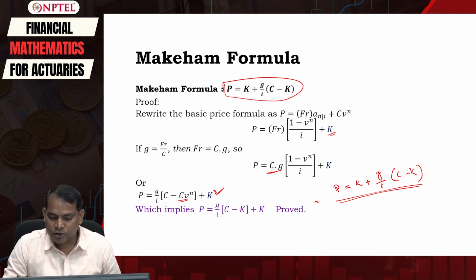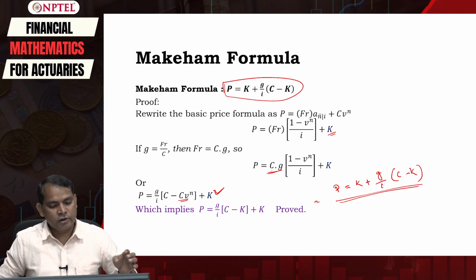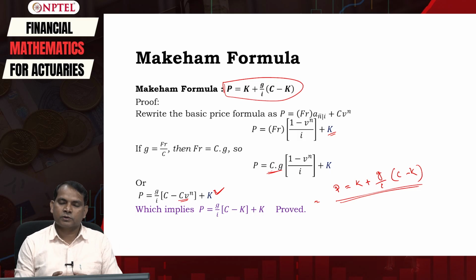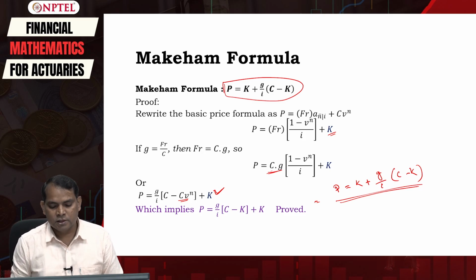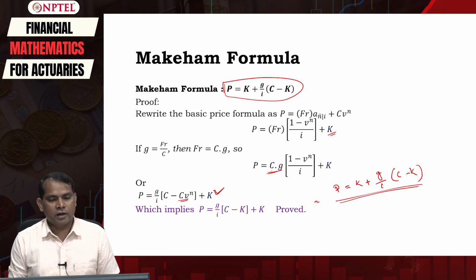So this formula will give us an alternative way to compute the price of the bond, but we have already understood the basic price formula, that is, P is equal to Fr times a angle n at I plus C V to the power n.